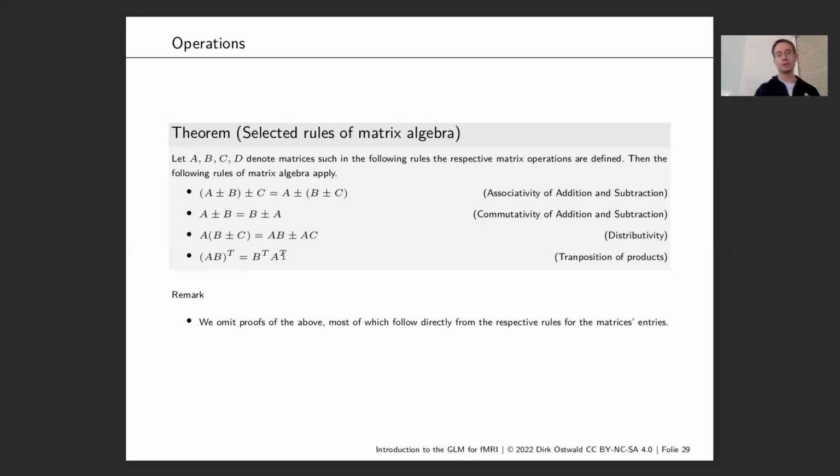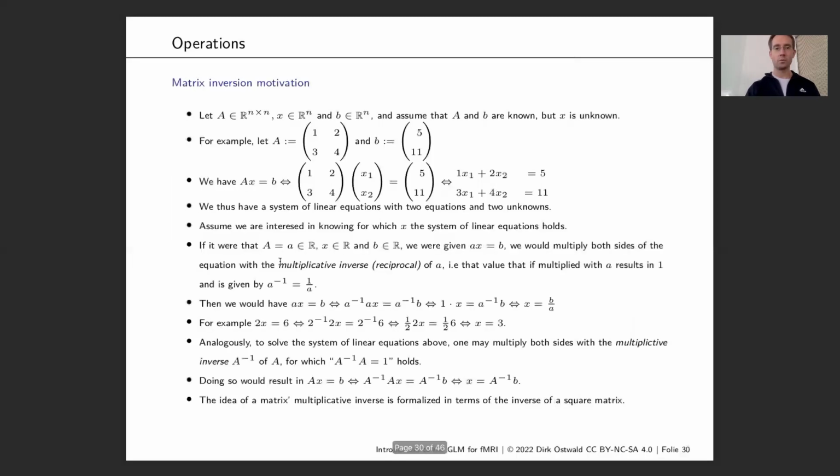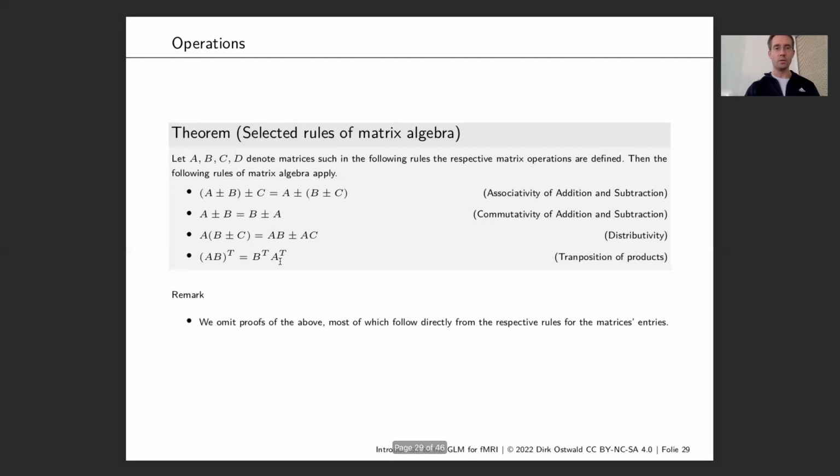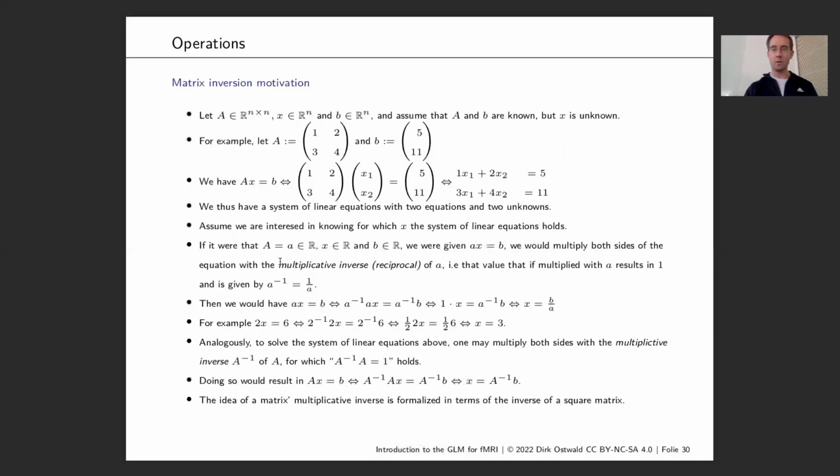So I'm not showing that now, but we will need it, and it's also quite easy to remember because it has this kind of form: (AB) transpose is B transpose A transpose. Good. So that's already quite good.